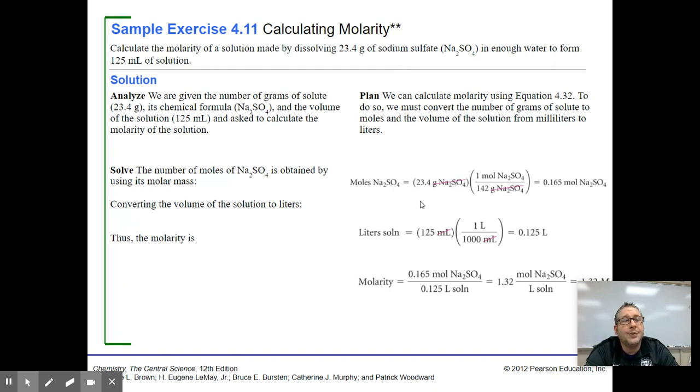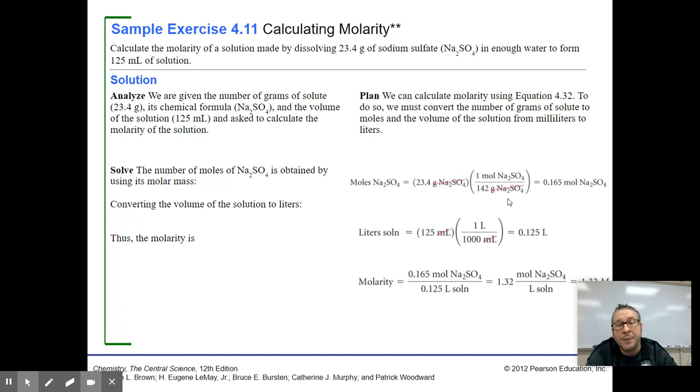As we see here, to determine the moles of sodium sulfate, we take the amount that we have, 23.4 grams, and utilize the molar mass of sodium sulfate. So it's 142 grams per mole, but 142 grams goes on bottom because we're solving for moles. If you don't remember how to determine the molar mass of a substance, I suggest you go back a couple chapters.